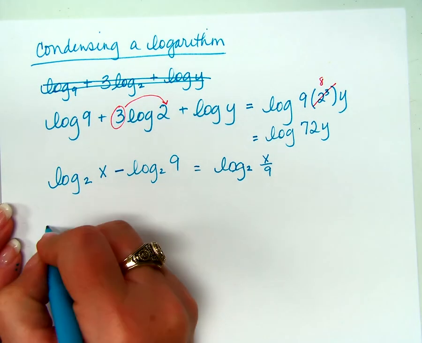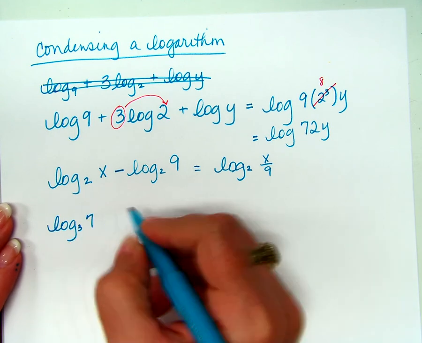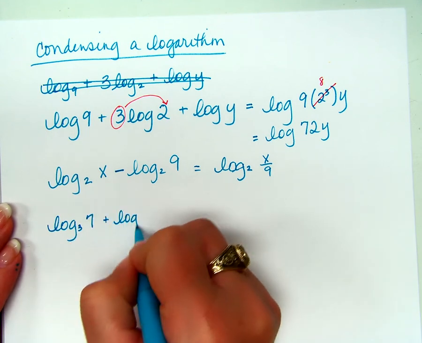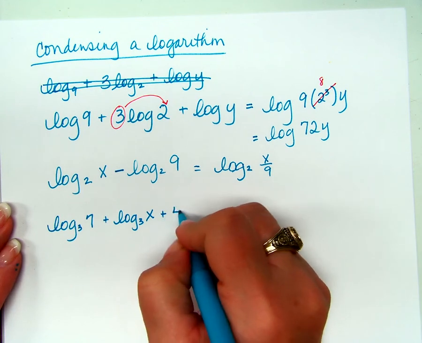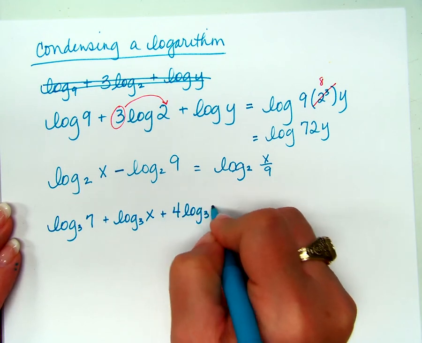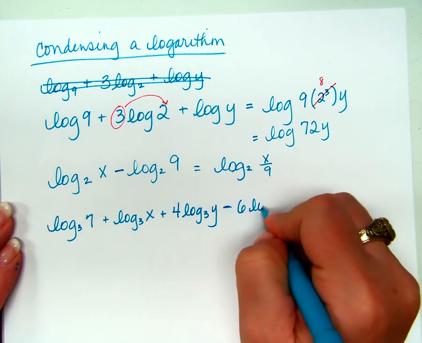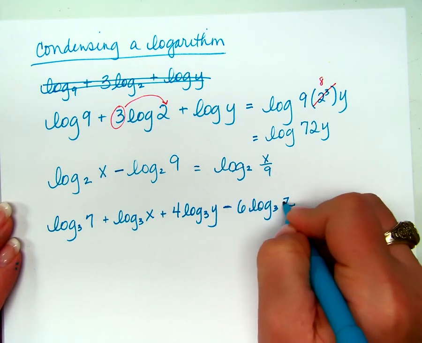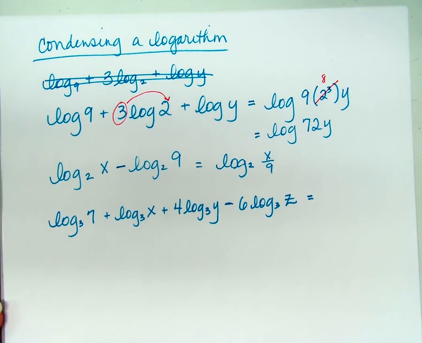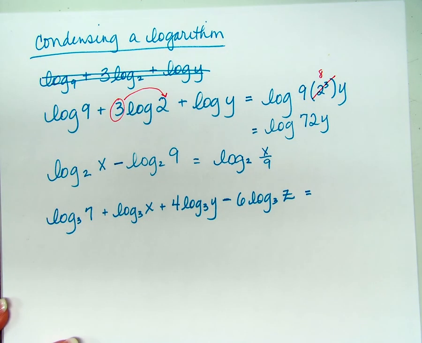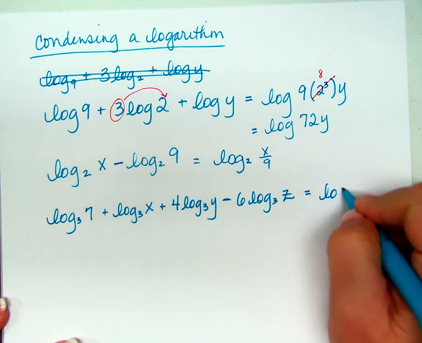All right, let's try this one. Log base 3 of 7 plus log base 3 of x plus 4 log base 3 of y minus 6 log base 3 of z equals. What do I write first as my answer? Log base 3.